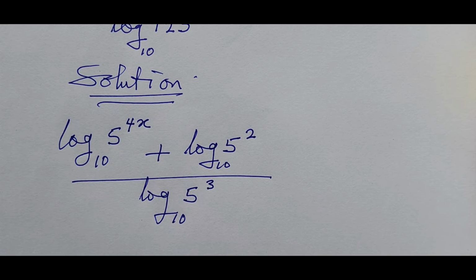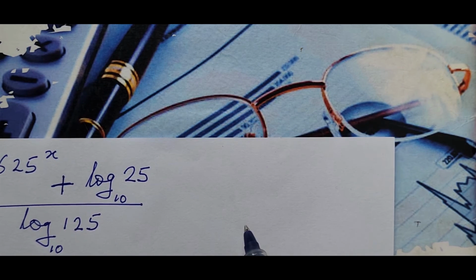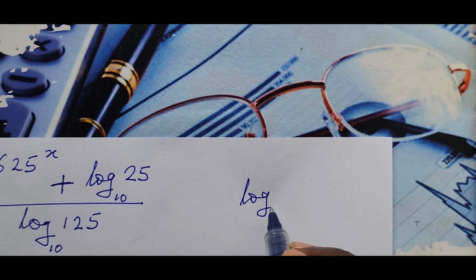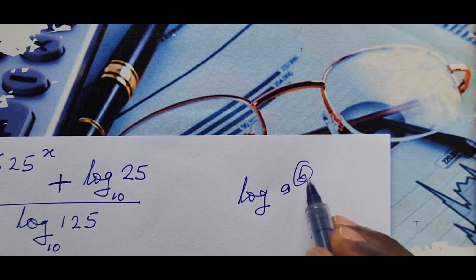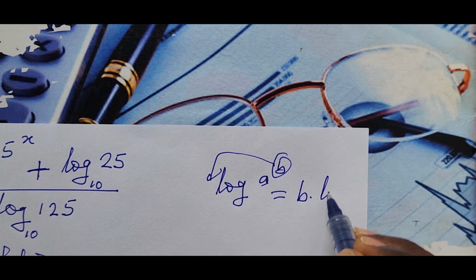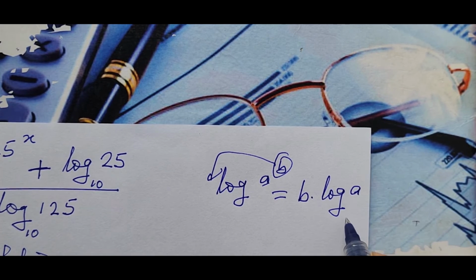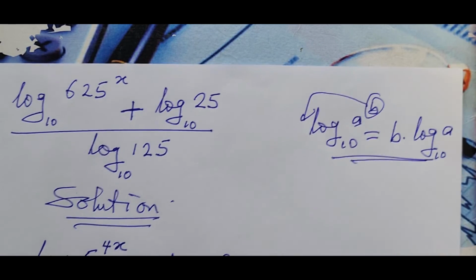Here we are going to apply what we call the property of logarithm, which is called the power law of logarithm. What does it say? It says that when you have log of a to the power of b, move this exponent to the front to give you b times the log of a, base 10. Of course, this is to the natural base 10 or base e.